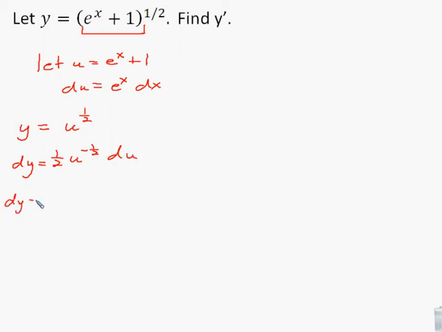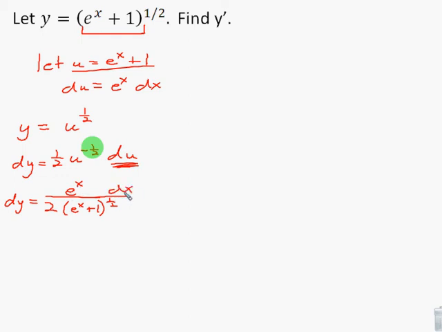Substituting back in, dy is, we know we'll have a 2 in the denominator. This negative 1/2 here that we have really is a positive 1/2 in the denominator, so we move that to the denominator to the 1/2 power, and we can plug in for u. So this is e to the x plus 1, which is what our u was, to the 1/2. And then we can substitute in for du, that was just e to the x dx.